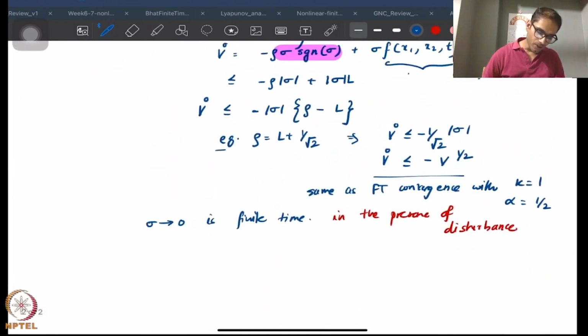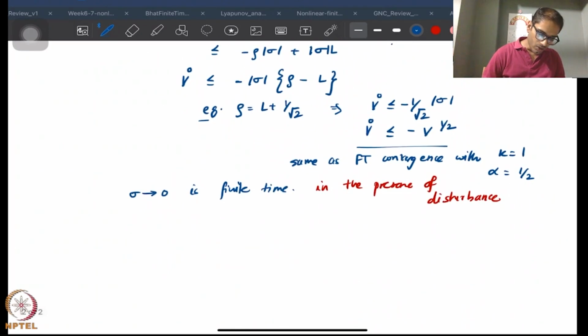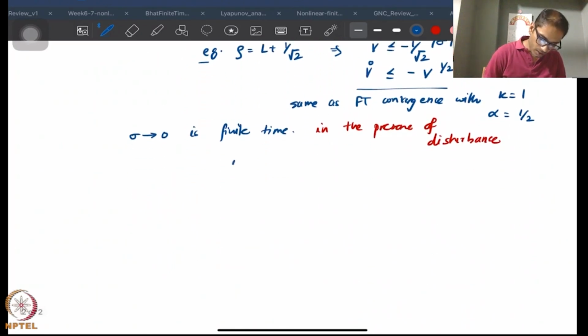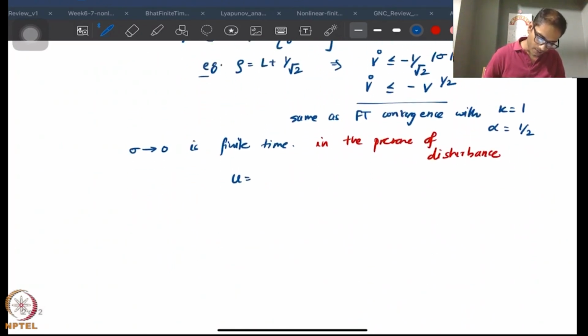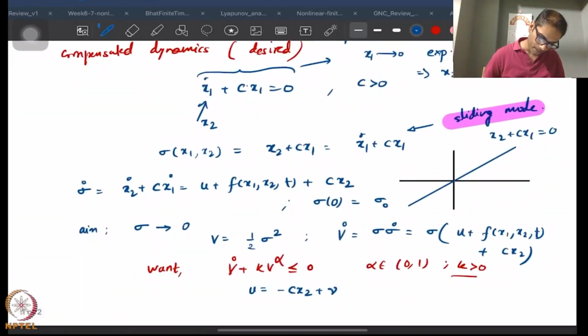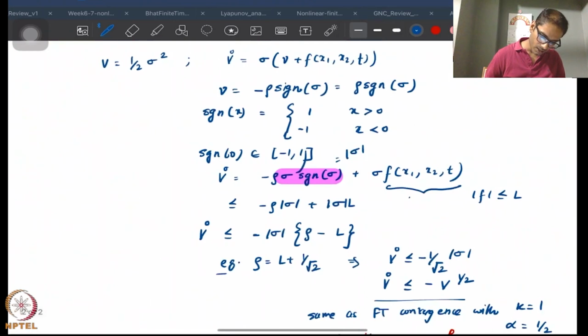So what is our control now? Our actual control u was here, the control was minus cx2 plus v, and v is chosen in this way.